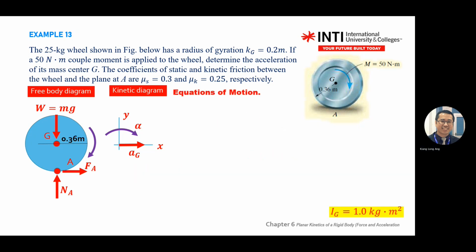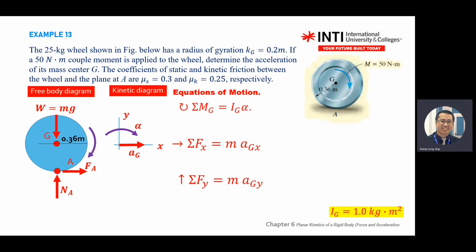Okay. So for equations of rigid body, you cannot run away from these three equations, or these two equations if you want. So ΣMG equal to Ig alpha and ΣF equal to ma. All the force equal to ma. Break this one into y and x direction. And because this one moves on a flat surface, it's x and y.